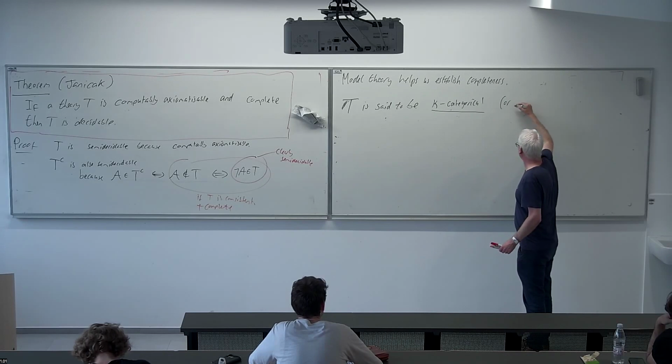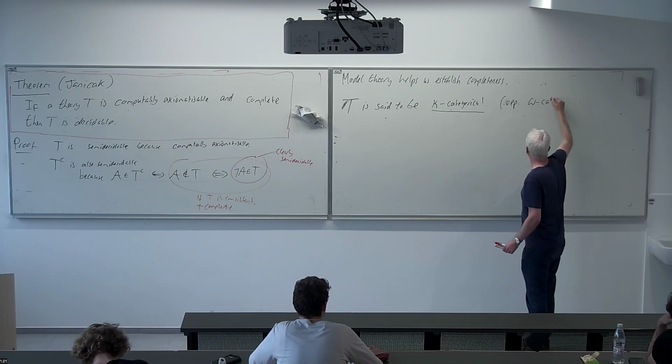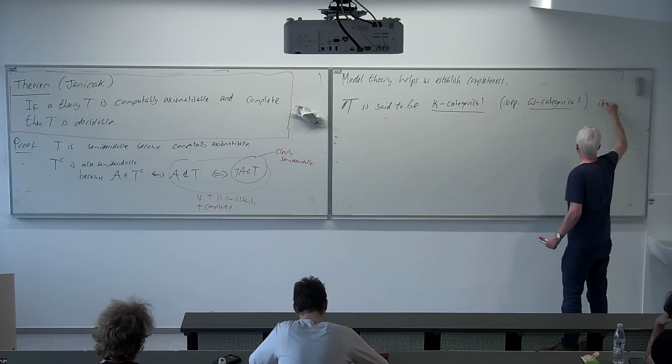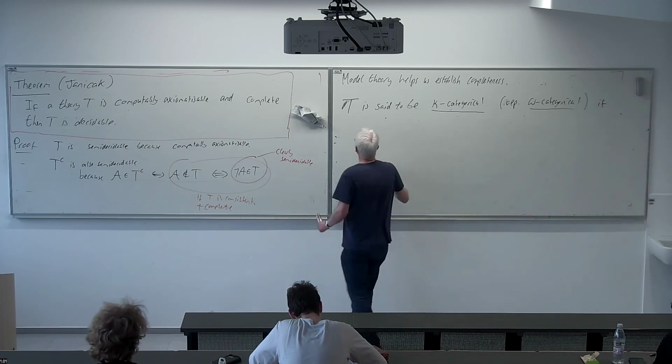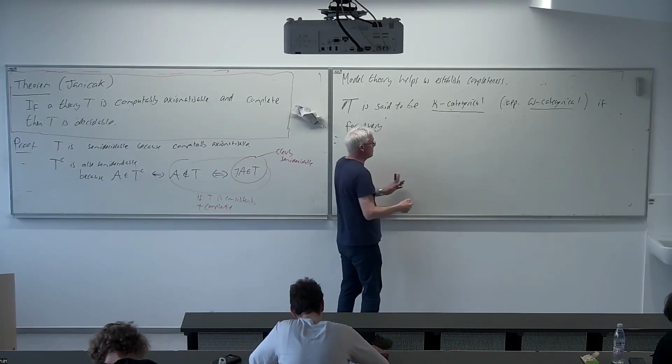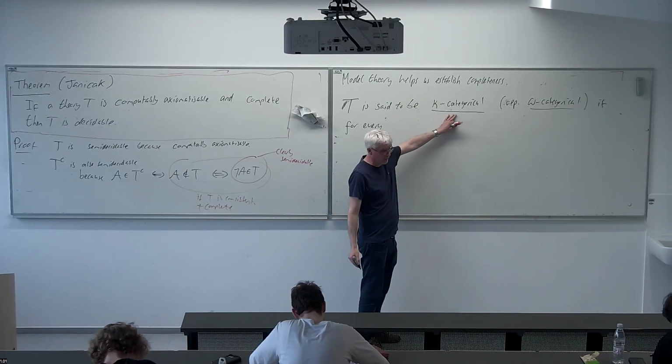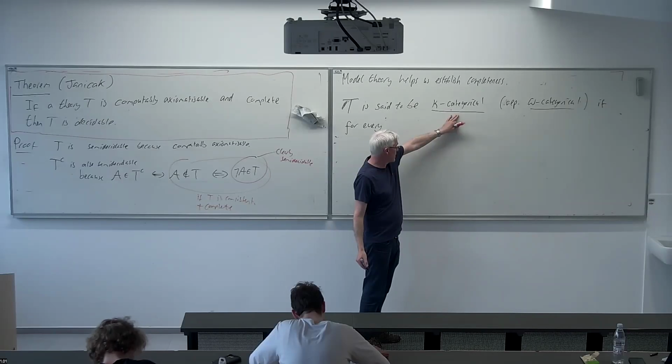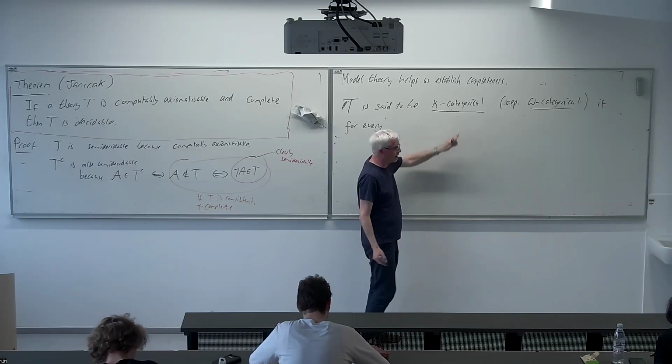Or more restrictively, respectively omega categorical, if for every two models of the theory of cardinality kappa are isomorphic.